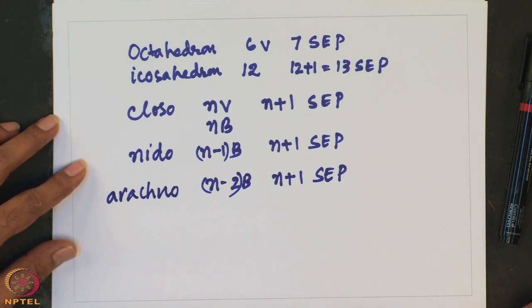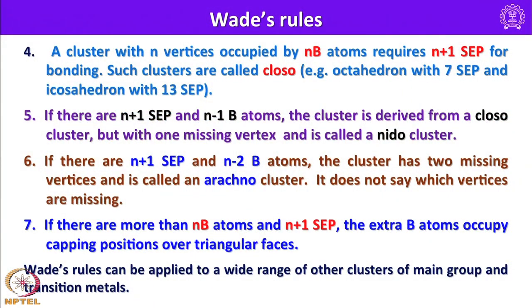This is how we can classify boron hydride clusters. If there are more than n boron atoms and n+1 skeletal electron pairs, the extra boron atoms occupy capping positions over triangular faces. For example, an octahedron becomes a capped octahedron.